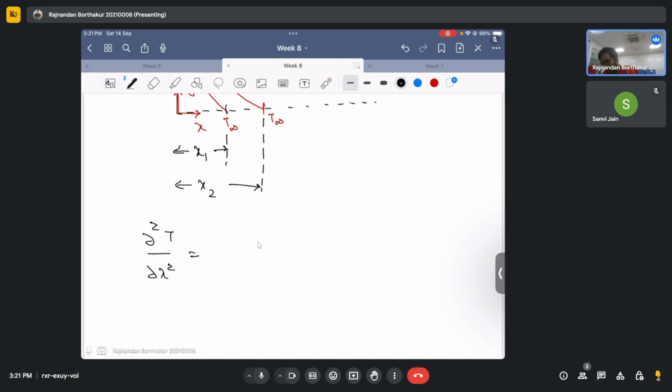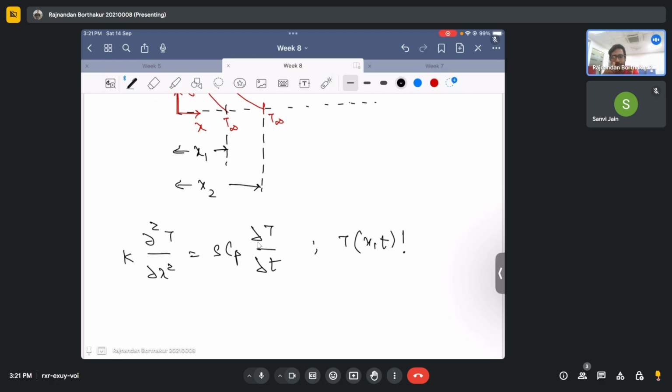So this is simple, right? If I write down the heat diffusion equation, it becomes K times del 2T by del x2, equal to rho Cp times del T by del t, where now T is a function of x and time both, which was not the case for a lumped capacitance object.